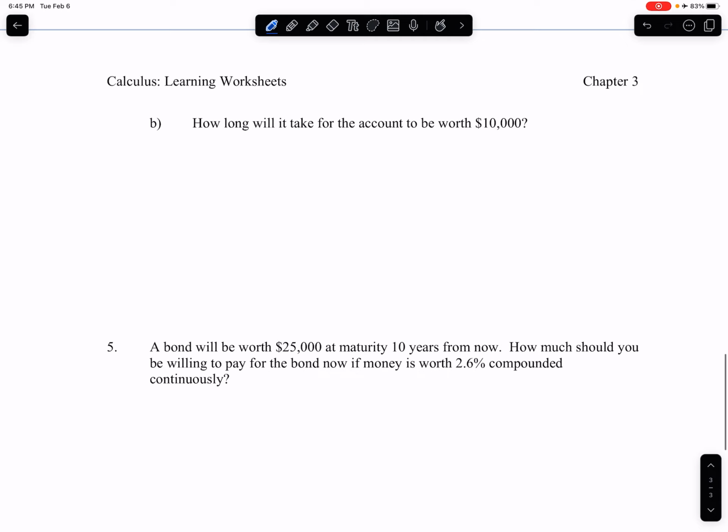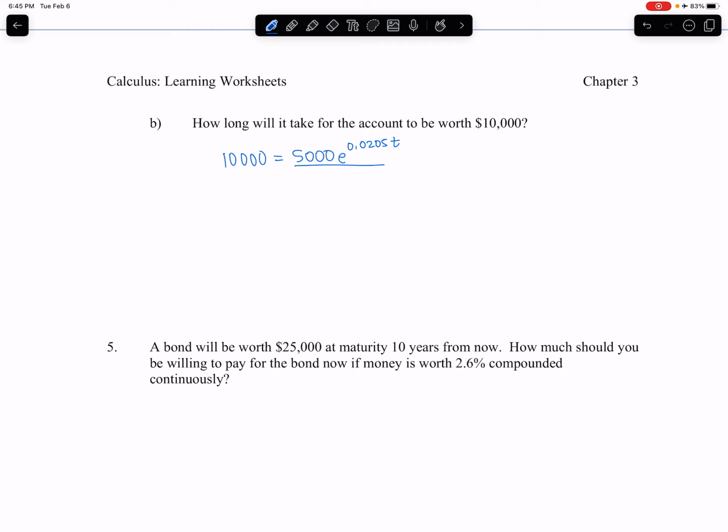How long will it take for the account to be worth $10,000? Now we're given the ending amount: $10,000, when we invested $5,000, same rate, 0.0205, but we don't know how many years. So we're leaving a t for our time.